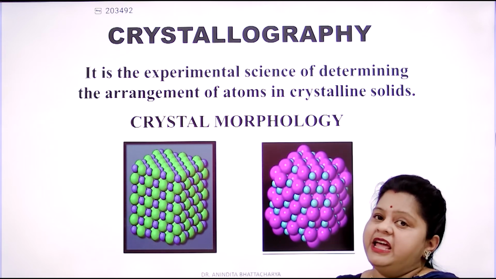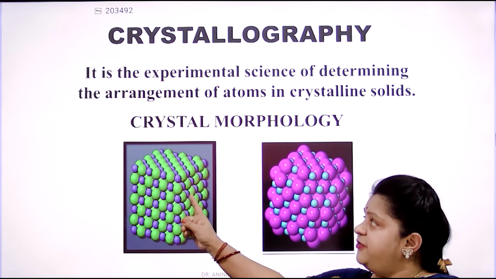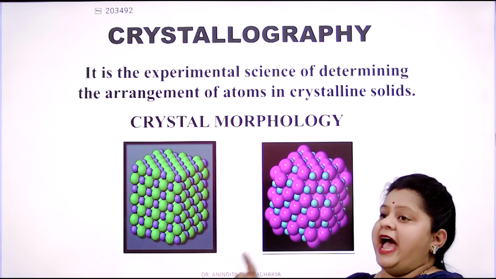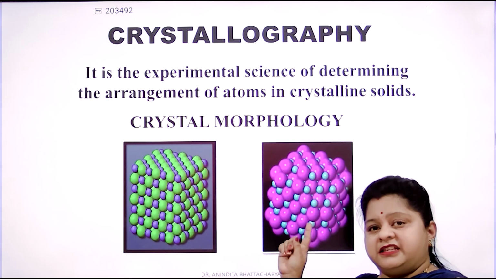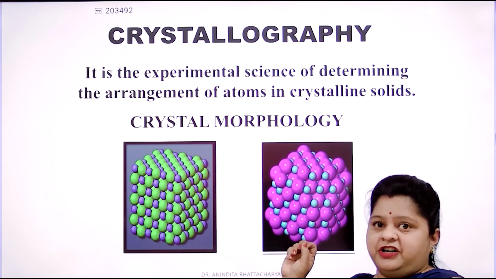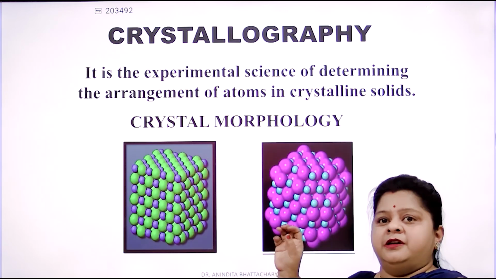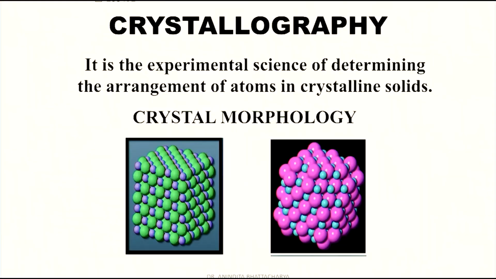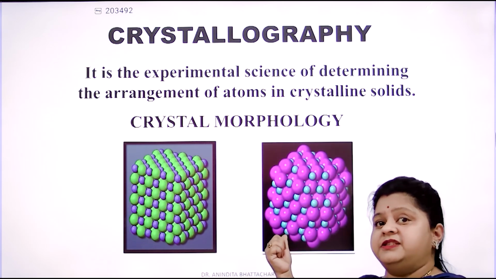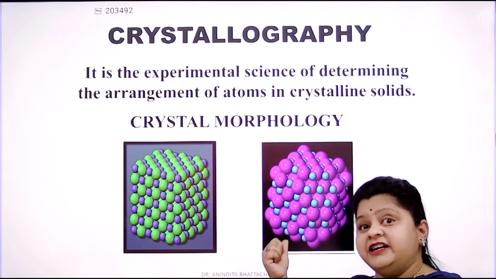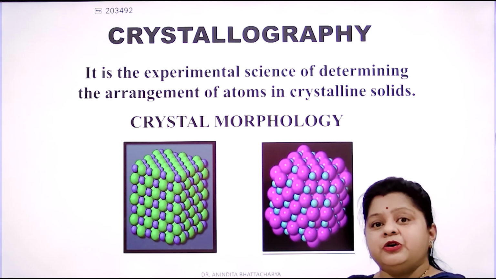One is cubic, which is arranged in the form of a cube, and the other is the hexagonal. It is like the beehive structure. They fit in between the spaces. So we have a better packing fraction in the hexagonal form, rather than in the cubic form.